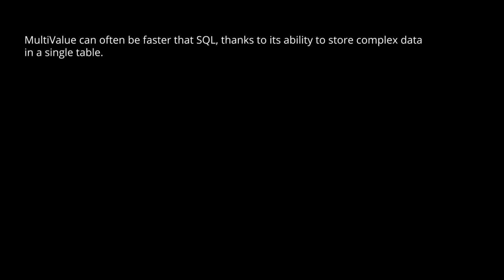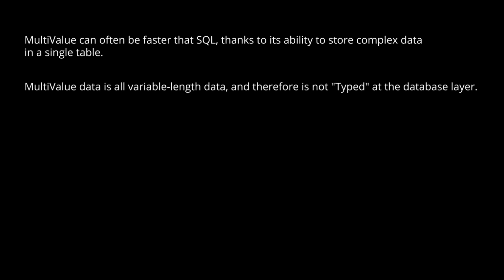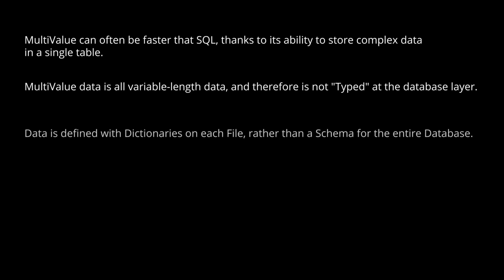Thank you, Martin, for explaining the MultiValue database model, and it's important to remember some of the differences from the SQL model. MultiValue can often be faster than SQL, thanks to its ability to store complex data in a single table. MultiValue data is all variable length data, and therefore is not typed at the database layer. Data is defined with dictionaries on each file, rather than a schema for the entire database.